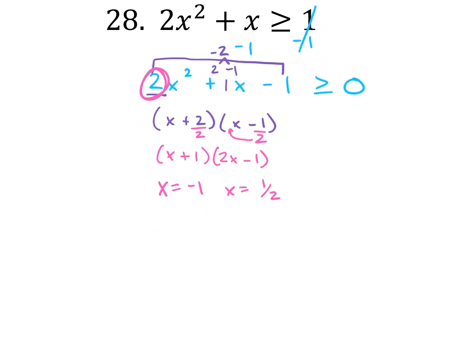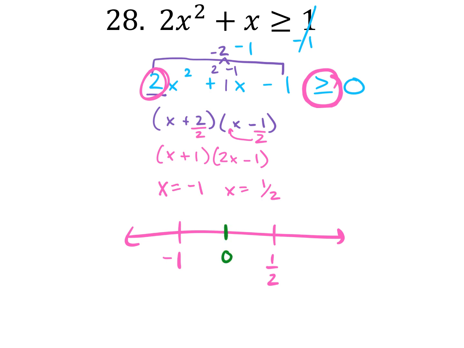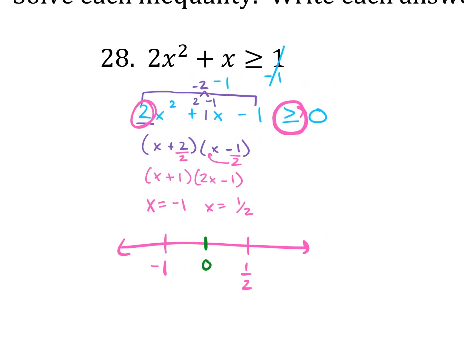Because this is an inequality, we have to see if it falls in between these two numbers or outside of these two numbers. So I'm going to put them on a number line. Negative 1 is smaller, so that's going to go to the left. What's a number in between negative 1 and 1/2? 0. So let's plug in 0 to test.